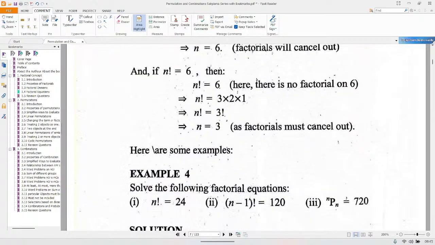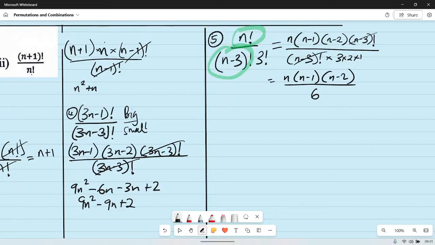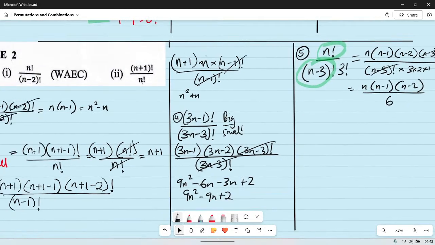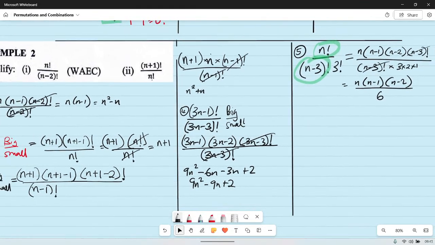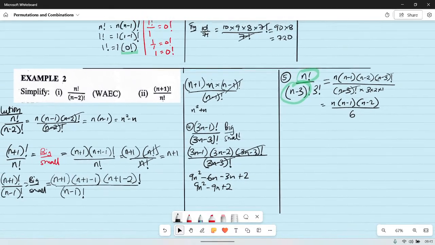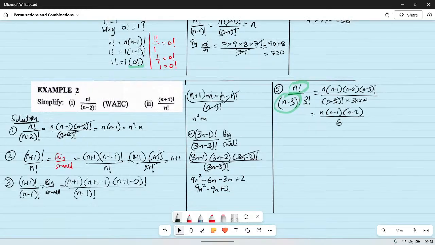Okay, I don't want to give questions from my head. Let's look at some examples. Number 1, n factorial equals 24. I'll send you the PDF, then I'll forget.